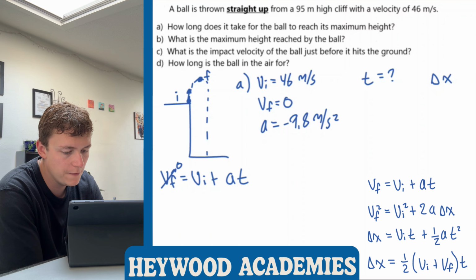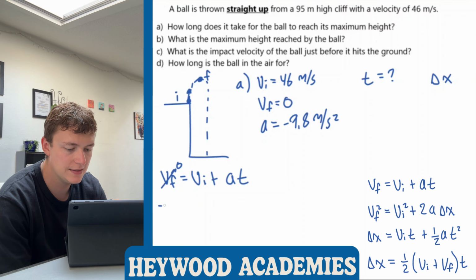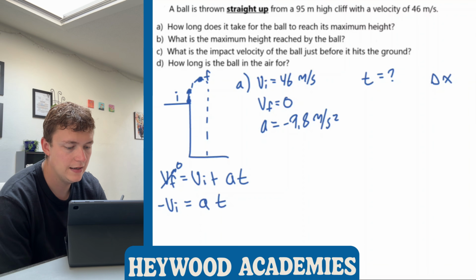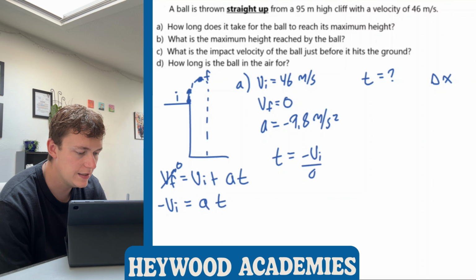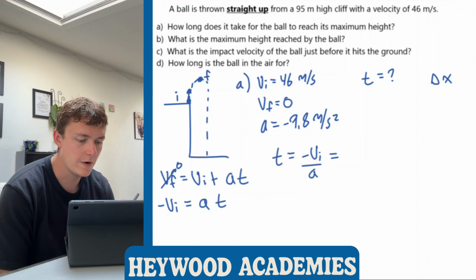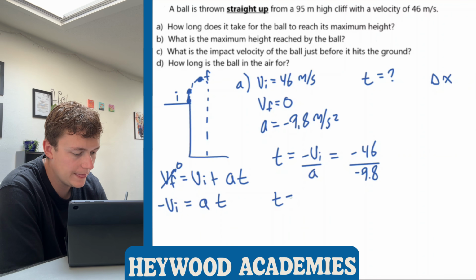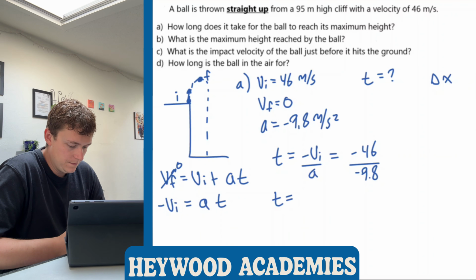V final is 0, plug that in, and then we can rearrange for the time in this case. So we'll have minus V initial is AT, and then divide both sides by A, so that we'll get minus V initial over A for the time. So we'll have minus 46 over minus 9.8, and then we can go and plug that in to get the time it takes to get to the very top here.